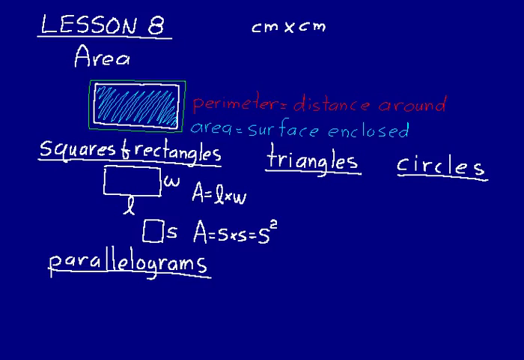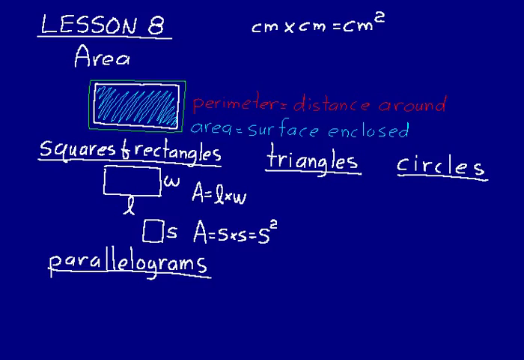So we don't want to write our answer, let's say it was 10 square centimeters, as 10 centimeter times centimeter. We would write it with an exponent, centimeters squared, because we know that means centimeters times centimeters. That's the definition of how an exponent works in math.